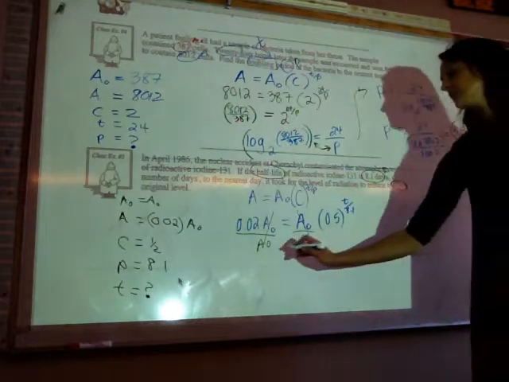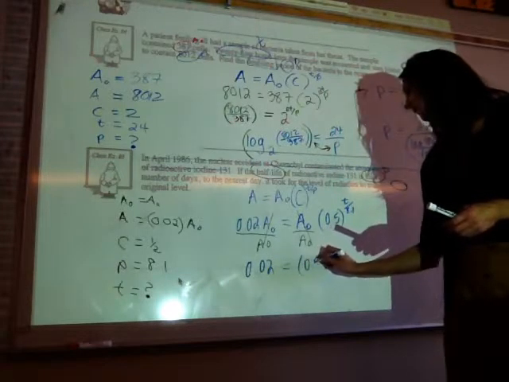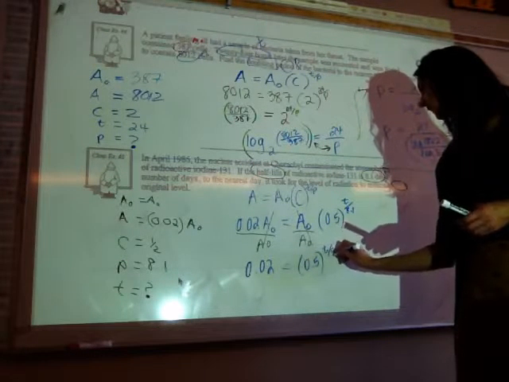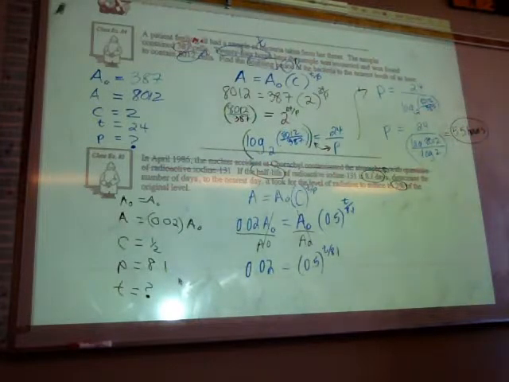Now we have 0.02 equals 0.5 to the power of T over 8.1. Again, we don't have any chance of getting a common base to solve for the exponents, so we have to use logarithms.